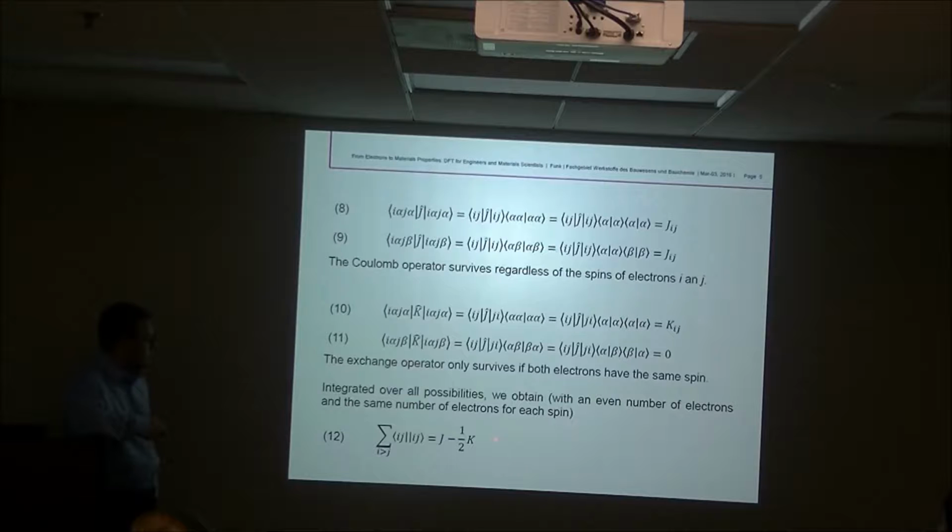I told you last week that K is 1/2 and J is full. This is how we have it, right? So we integrate over all possibilities, and this is a full sum of this Coulomb and exchange operator. The good news is this holds for any system with an even number of electrons and the same number of electrons for each spin.